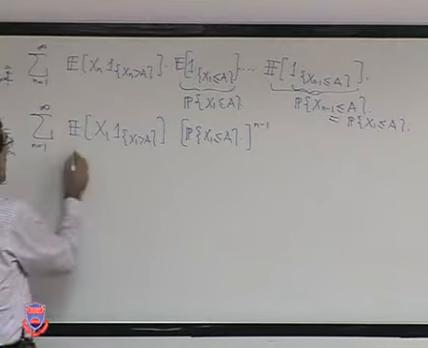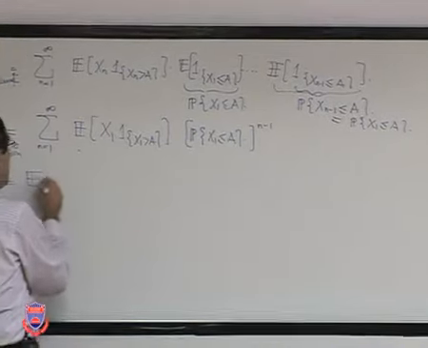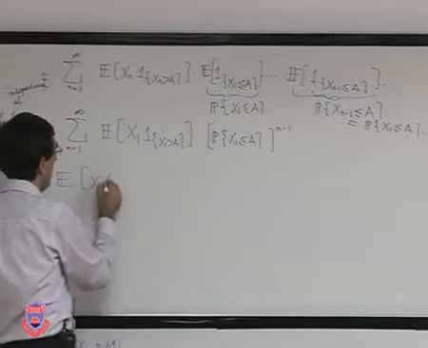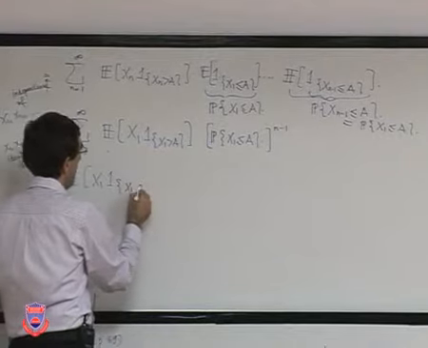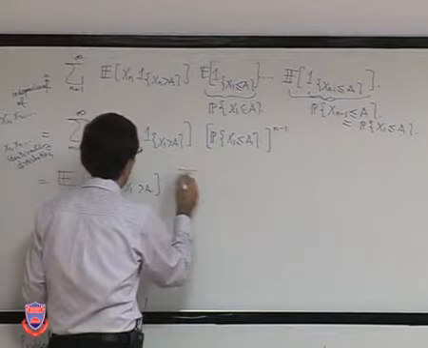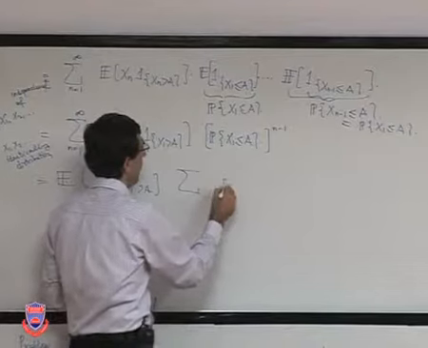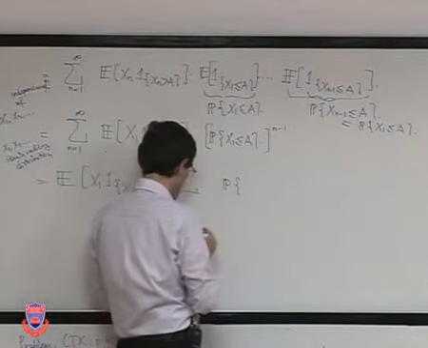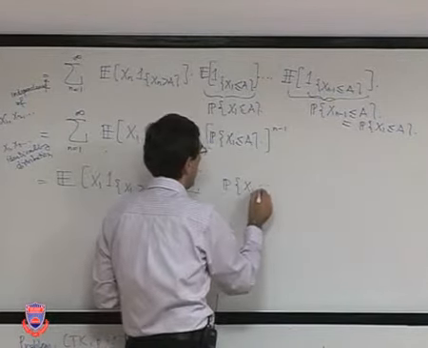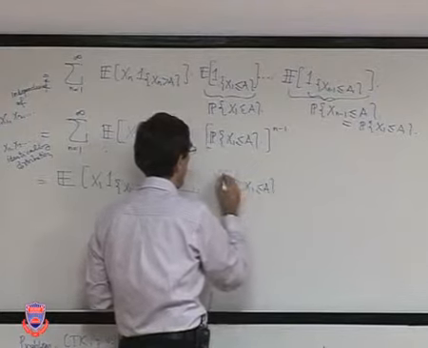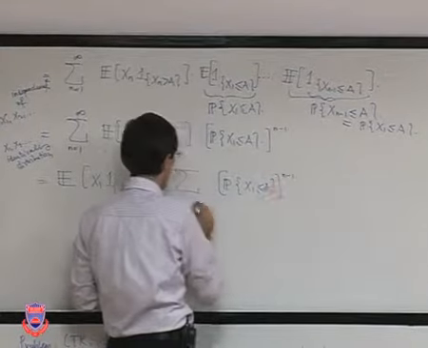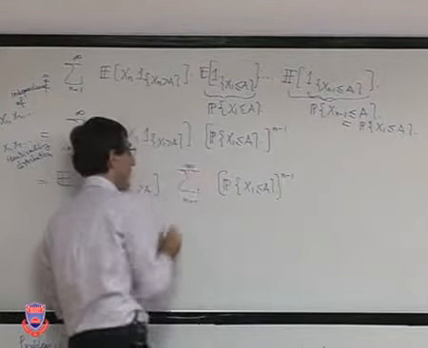So therefore, you can just take this expectation out. It doesn't depend on n, but then you have the sum of one number, the probability of x1 less than or equal to a, to the power n minus 1, and you sum from 1 to infinity.